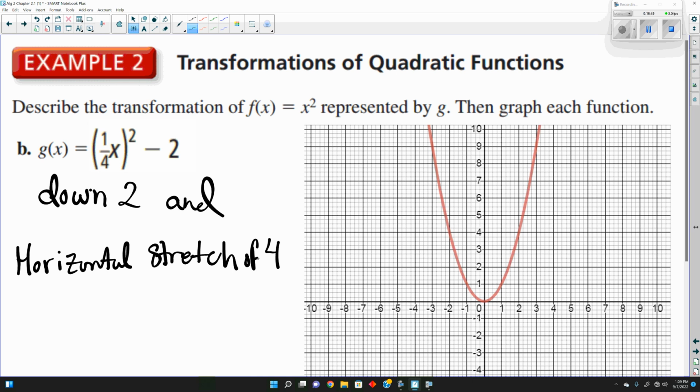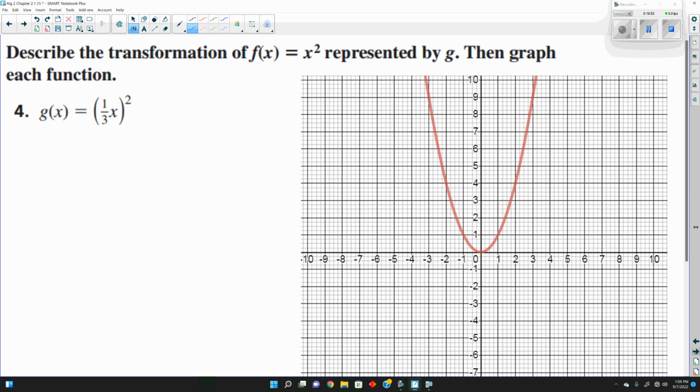Questions on this here? Yes. Since it's 1/3 and it's being multiplied by x inside the parentheses, it would be a horizontal stretch or shrink.